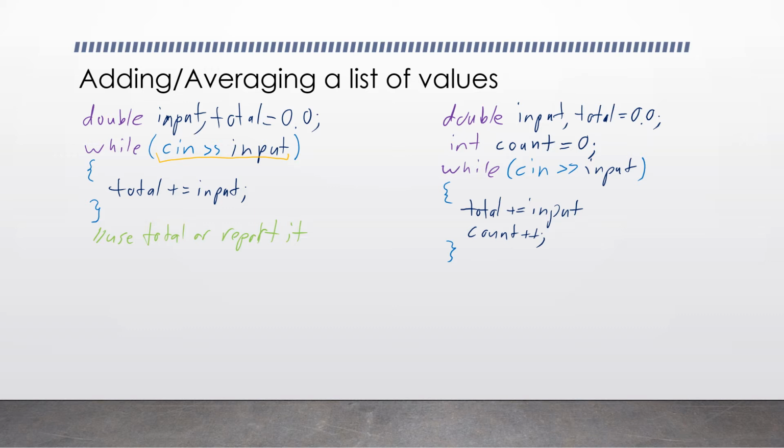So then we're going to put in an if, because it's possible that the user typed bad input to start with. So if count is greater than 0, then double average.